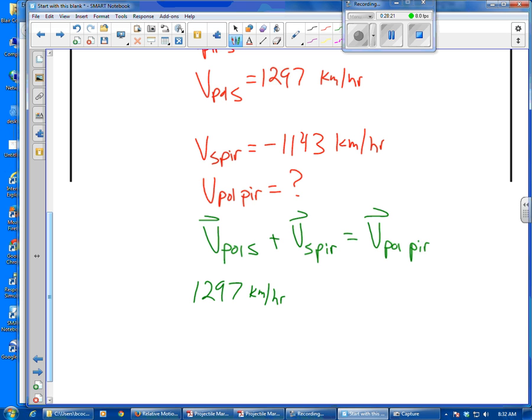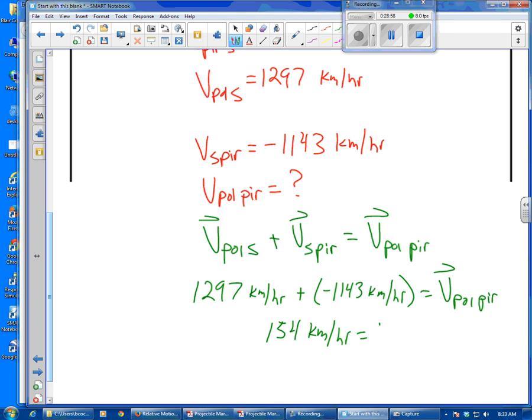Nicely, these are in one dimension, so the math is easy, right? Space to pirates plus negative 1143 kilometers an hour. That's the velocity of the police with respect to the pirates. Monday morning, I better use my calculator even though I should be able to do that in my head. 154 kilometers an hour is the velocity of the police with respect to the pirates.